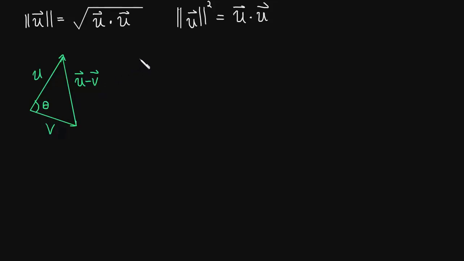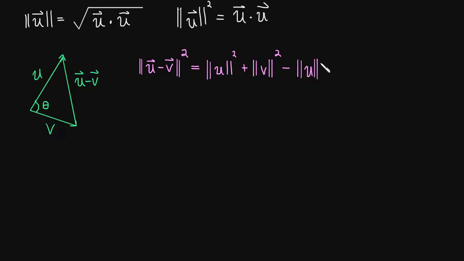So the law of cosines tells us that the length of the side we're trying to find, u minus v, so this is going all the way back to your geometry class, and you can look up the law of cosines if you don't remember it, but that length squared is equal to the length of one of the sides, that's u, the length of u squared, plus the length of v squared, minus the length of u times the length of v.